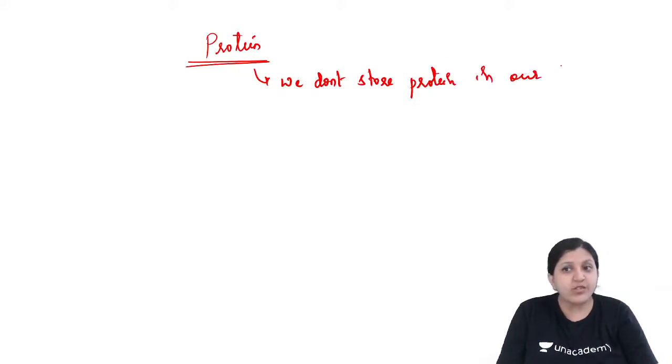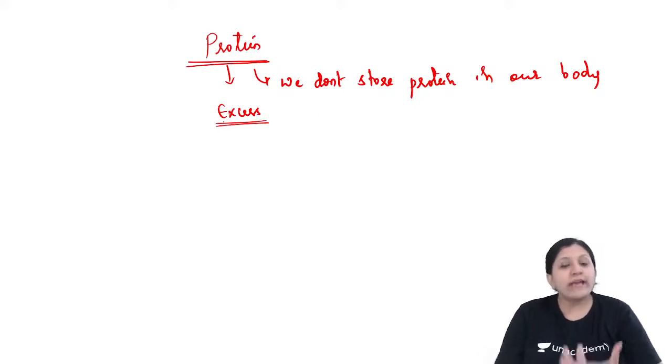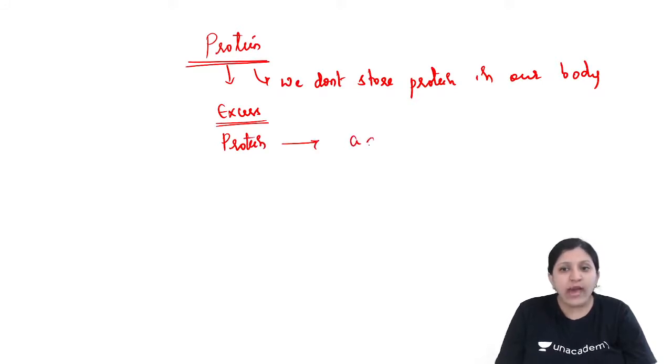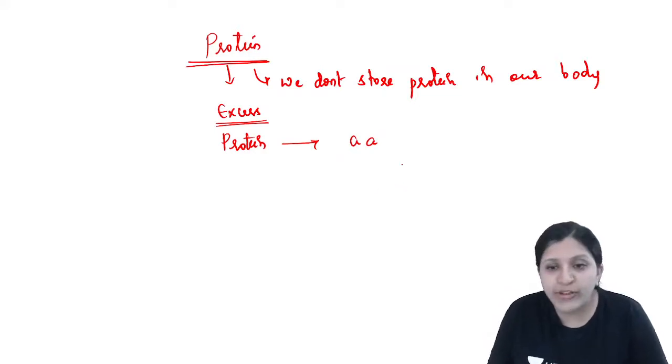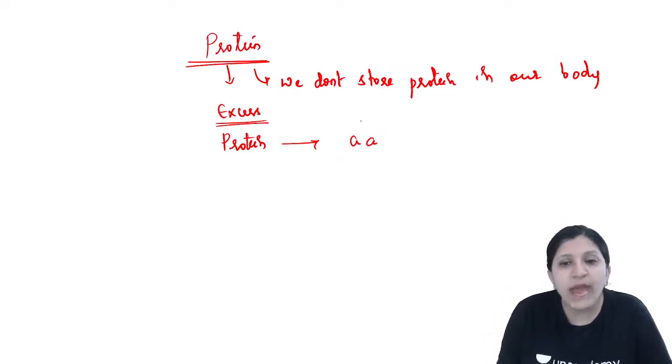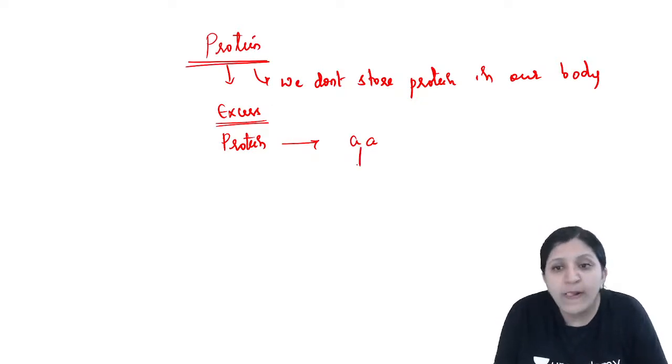So when you consume an excess amount of protein, what needs to be done? The excess protein has to be removed. It is degraded into amino acids, and the amine group of the amino acid gets converted into urea.